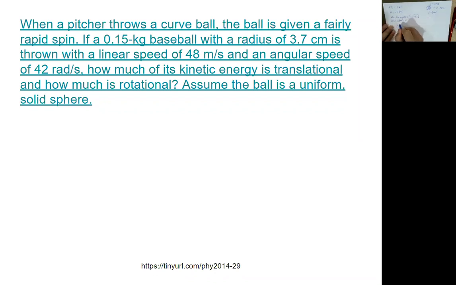So 1/2 times 2/5 times 0.15, R is given as 3.7 centimeters, so convert it into meters and square it, and then the 42 radians per second squared. It turns out this is actually much smaller than the translational kinetic energy.